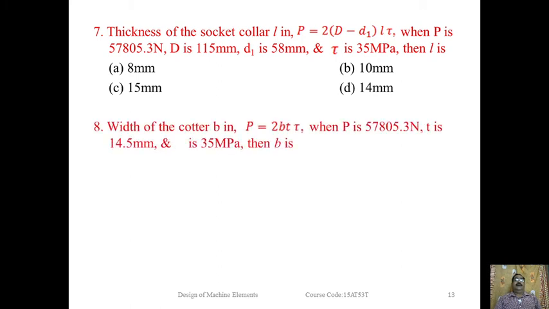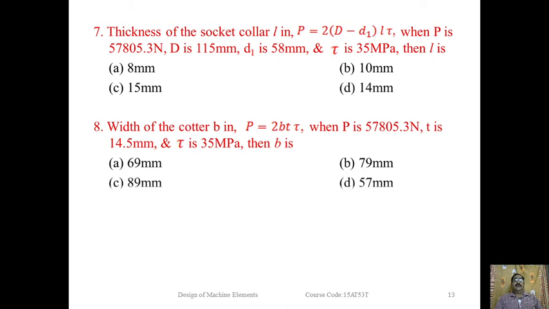Eighth one: the width of the quarter small b in the equation capital P is equal to 2 b t into tau, again when P is 57,805.3 Newton, t is 14.5 mm, and tau is 55 megapascal. Then the value of b is.